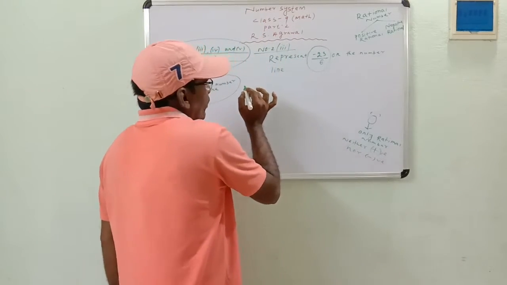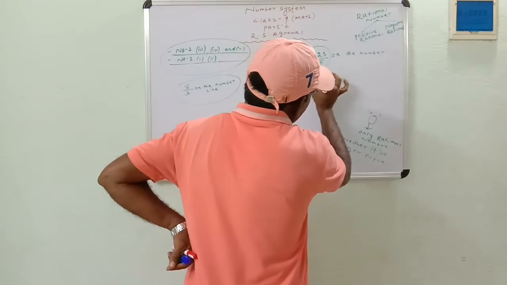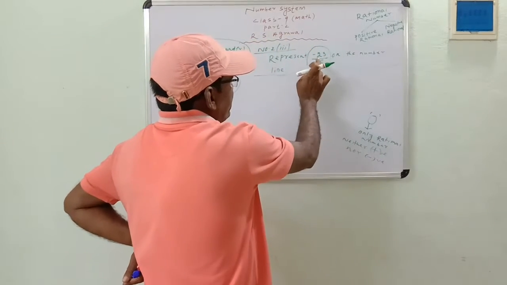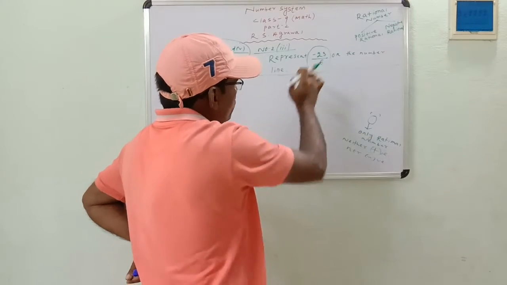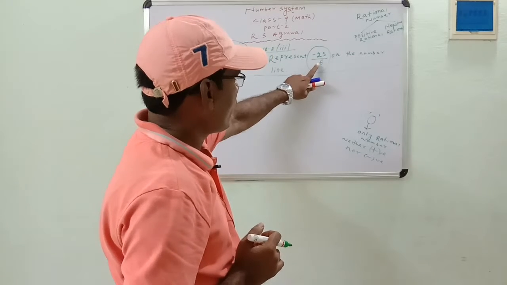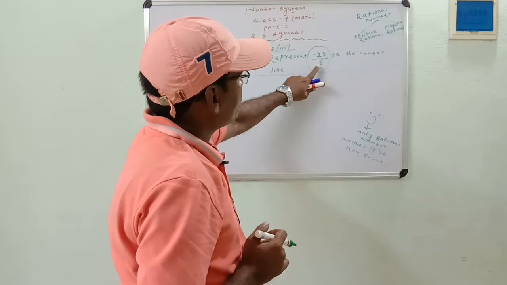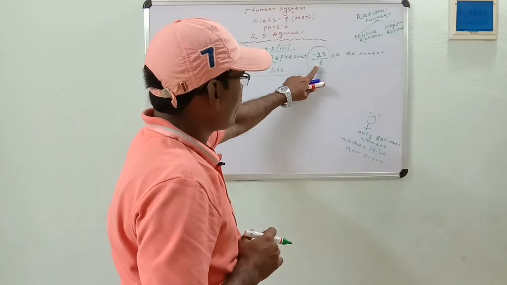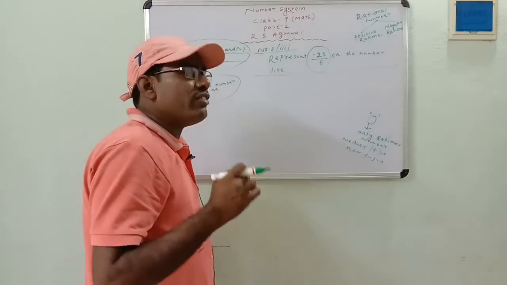First see here that minus 23 by 6, although it is a negative rational number, if you consider it as a fraction, then it is not a fraction but the negative of a fraction.